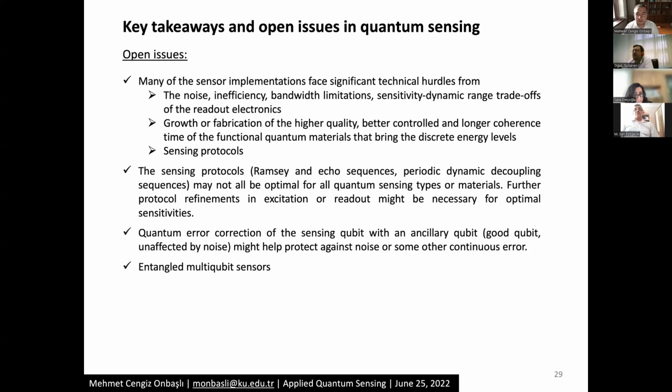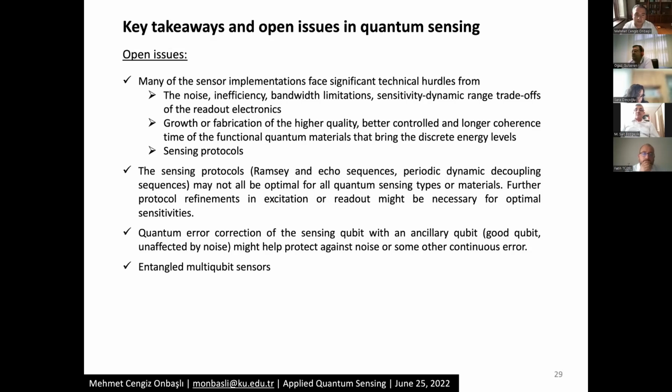And finally, people have proposed quantum error correction, which is essentially taking a reference qubit that is not affected by the external magnetic field for better subtraction of the signal. In this case, we can have even better sensitivity, and we can use multi-qubit sensors for even finer sensitivities.